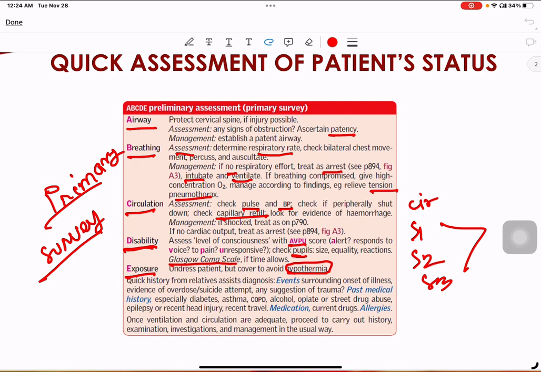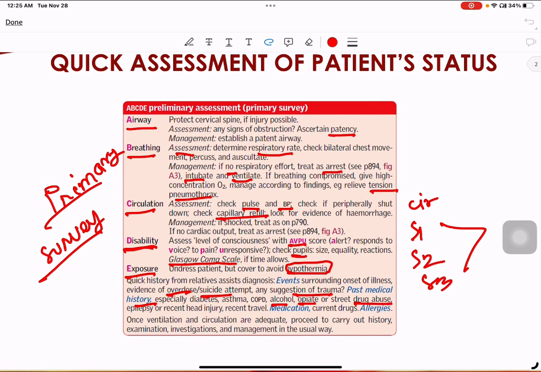At the same time, we have to take history from the relatives or from the surroundings, and we have to look for evidence of drug overdose or suicidal attempt, any history of trauma or past history, or any history of comorbidity like diabetes mellitus, bronchial asthma, COPD, history of alcohol or opioid or drug abuse.